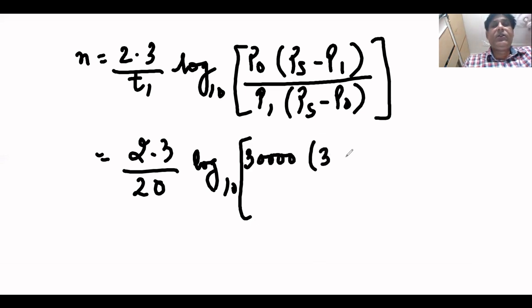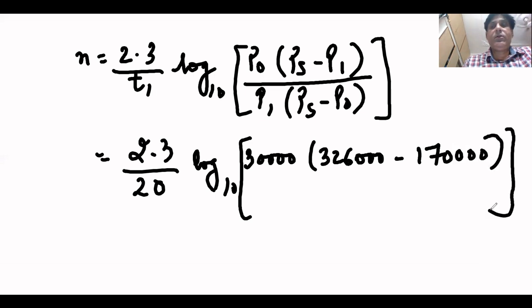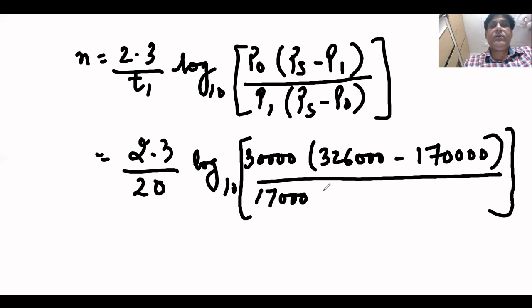PS is 3,26,000, minus P1 is 1,70,000. And then P1 is 1,70,000. PS is 3,26,000 minus P0 is 30,000.